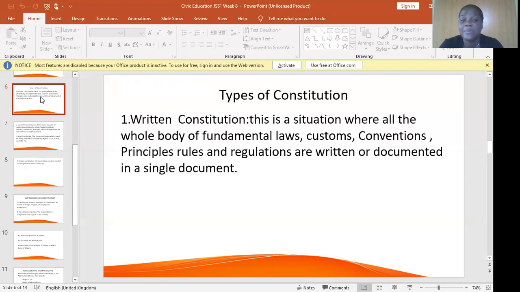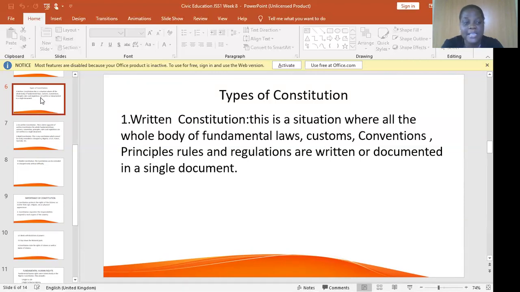So this type of constitution is not an offhand constitution. It is a handy constitution whereby you record it down, you write it down. Is that taken?